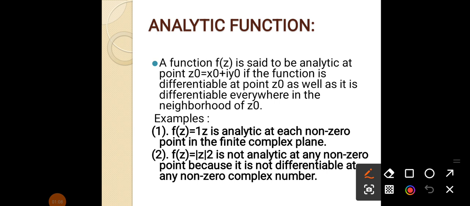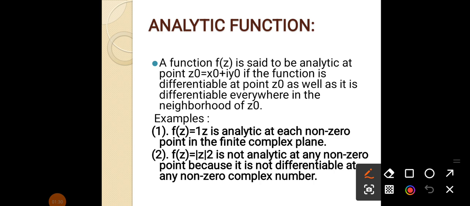It means f of z is differentiable at z0, and neighborhood means every point nearby z0.